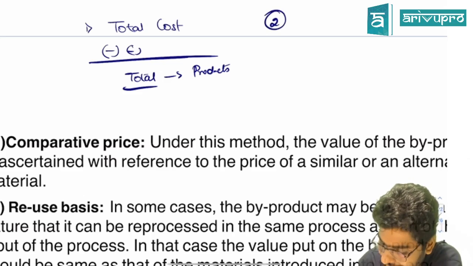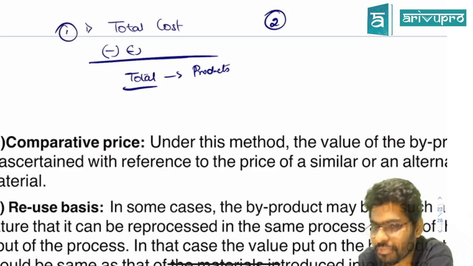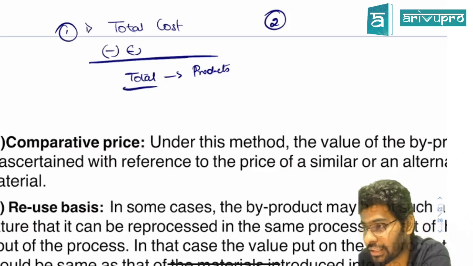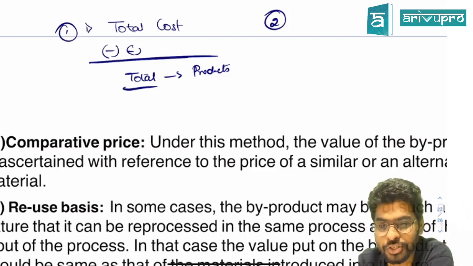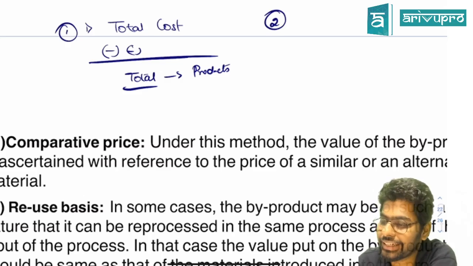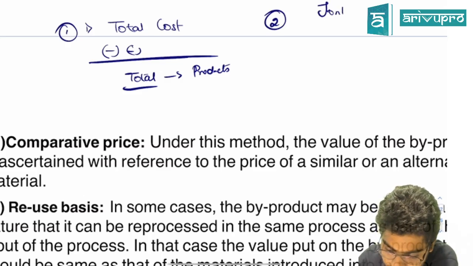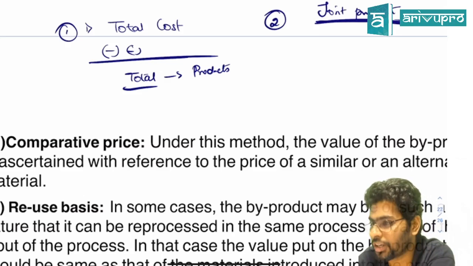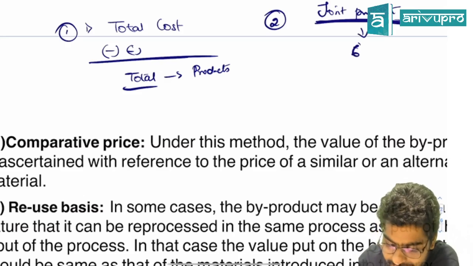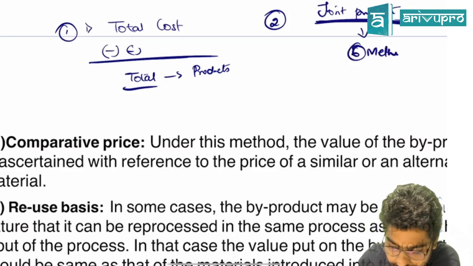Then there is a second method. The second method is, let's say the byproducts have more value. That is, it's not like 100 rupees or 1000 rupees, let's say it's lakhs together. What I do is, I treat them like a joint product then. The moment I treat them like a joint product, all the 6 methods come into the picture.